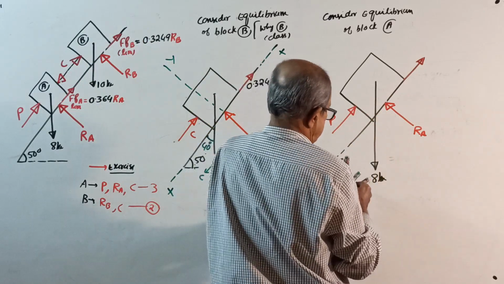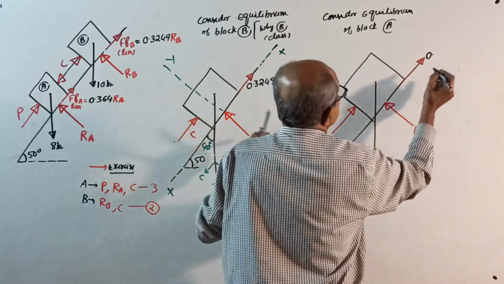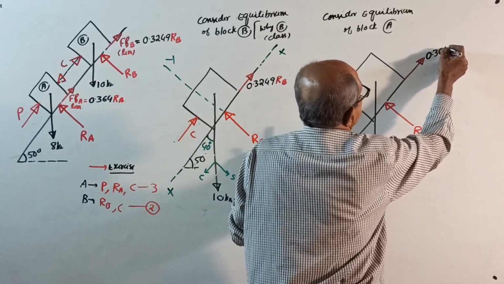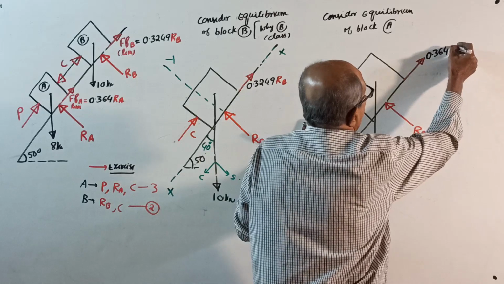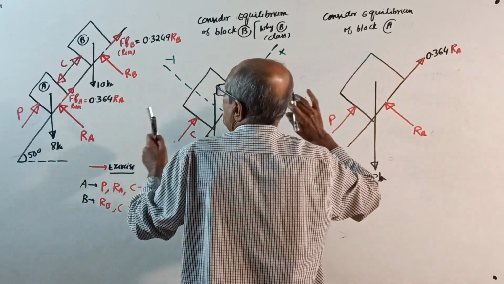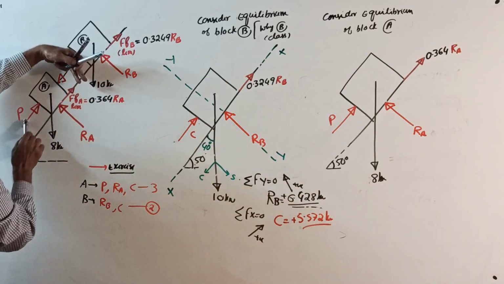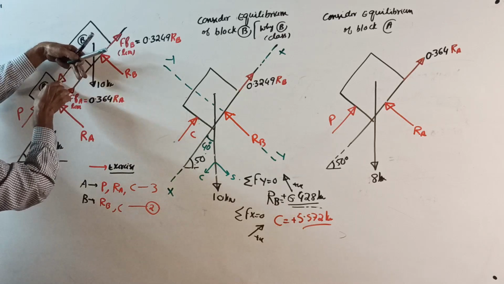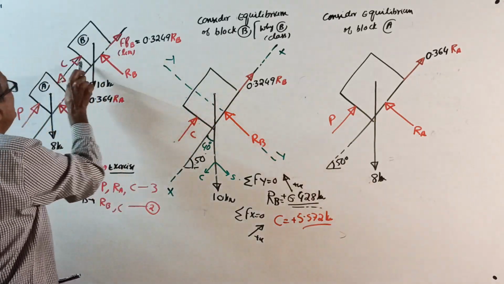Frictional force of how much it is? 0.364 times RA. And then remember, when you consider block A, see here, a compression force comes this way. See, for this block, it is like this.